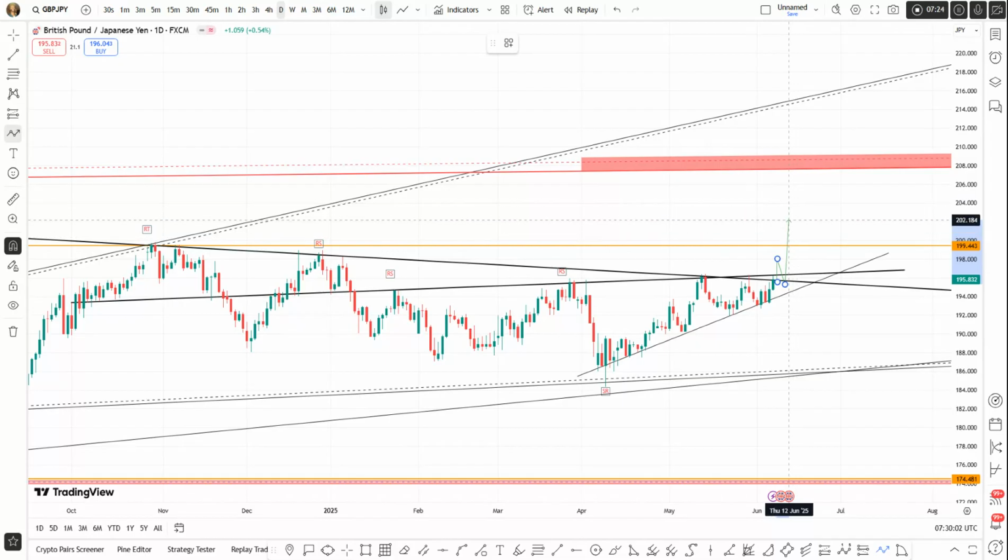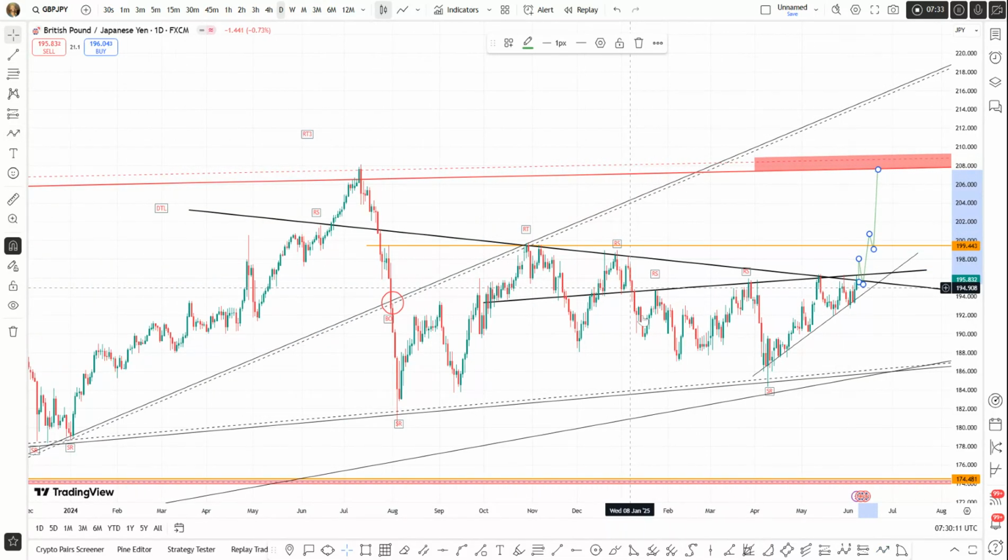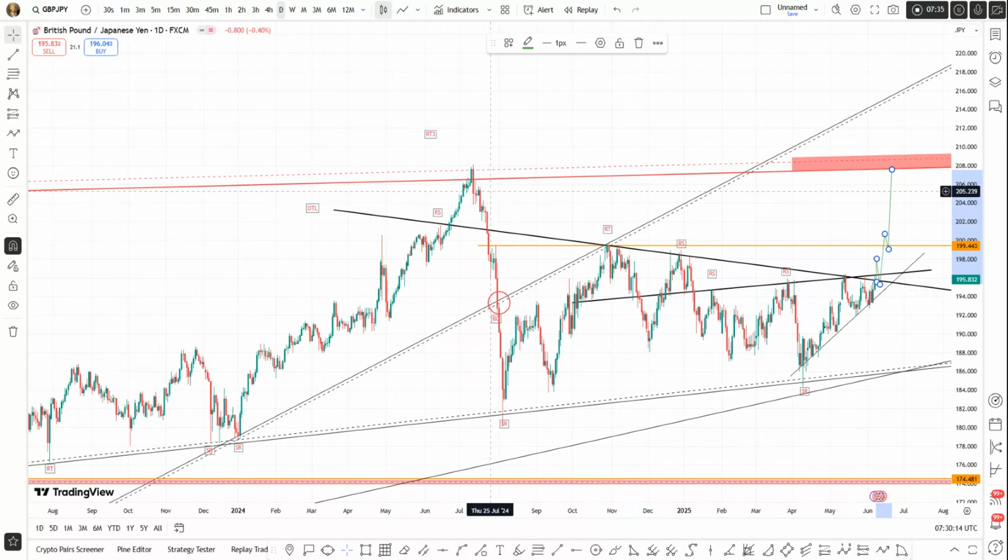For me, I think GJ is going to have a very long recovery, at least into this structure. The probability is very high that it will have a long recovery into that structure.